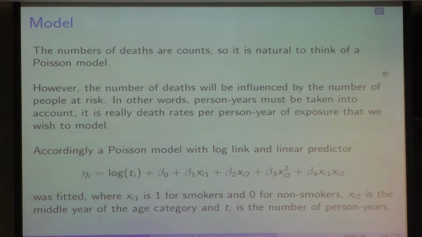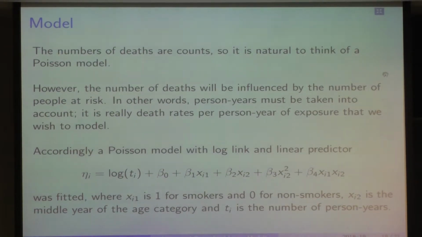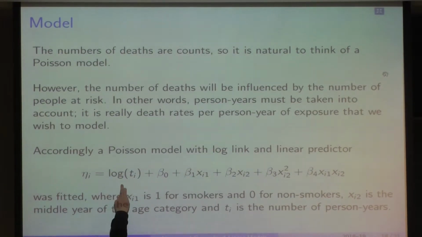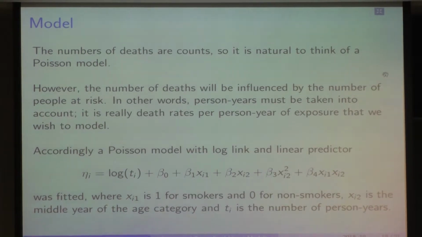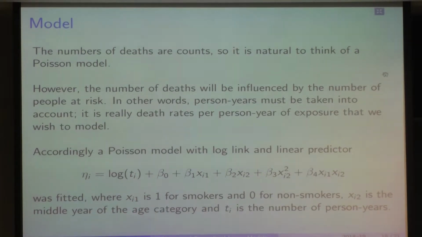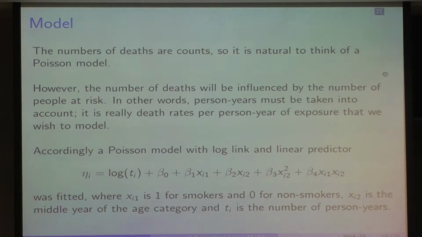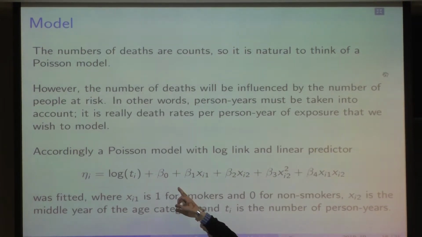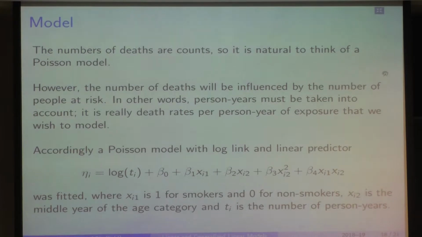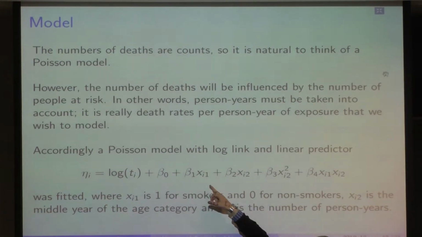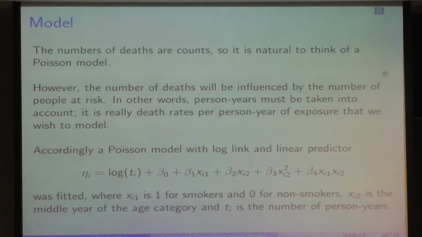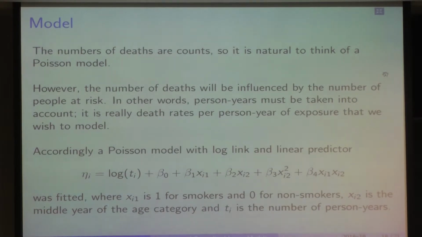So the code for fitting this will be on the next slide. So we have our offset, log of the exposure. So the TI here is the number of person years. Constant term. Then this is 1 for smokers and 0 for non-smokers, so it's a factor variable.